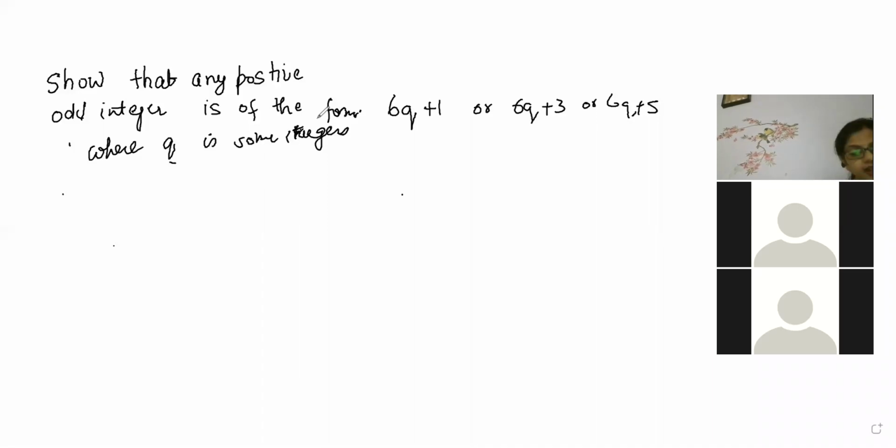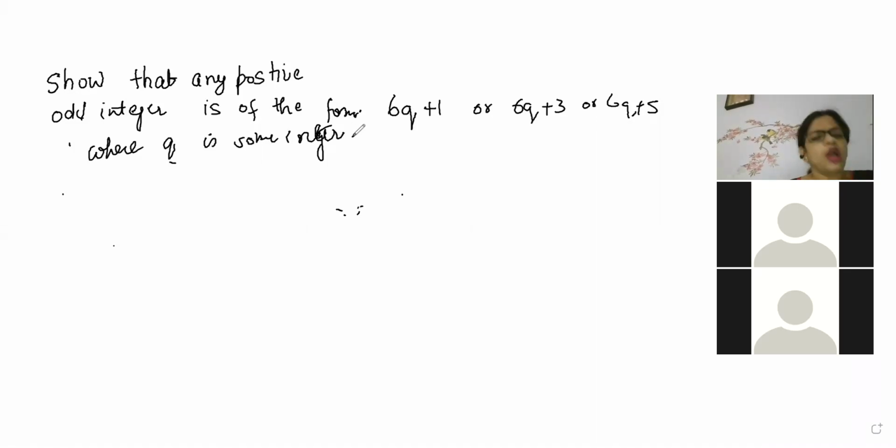Okay, beta. What they are telling here is, some overwriting is there. Okay, anyone, did you understand any part of the question?